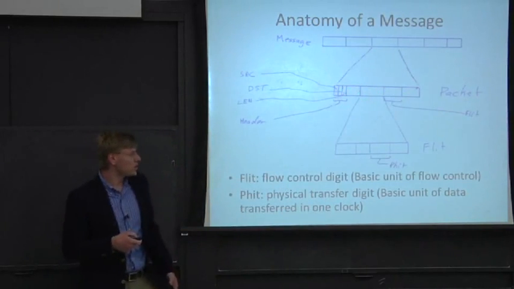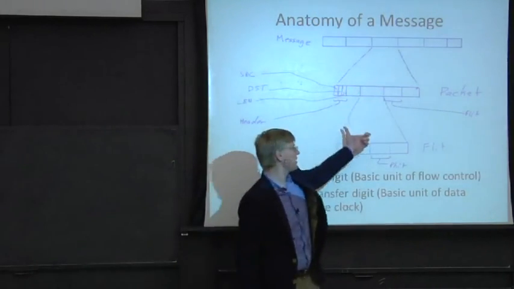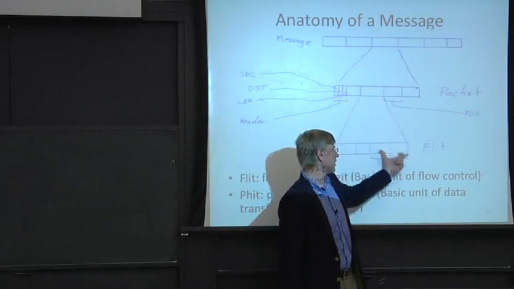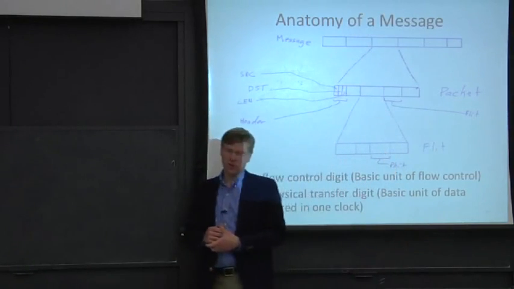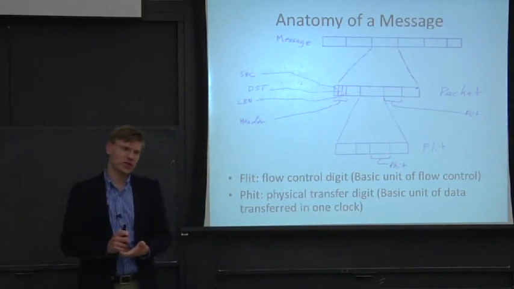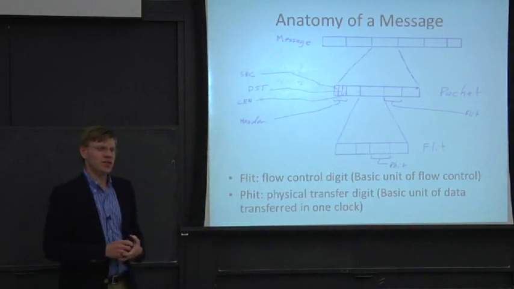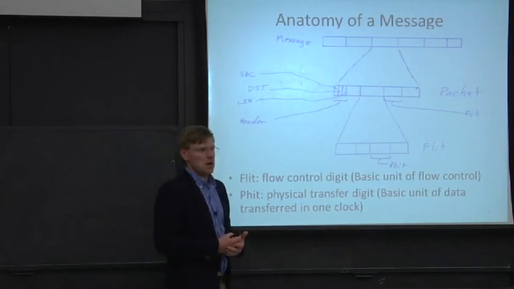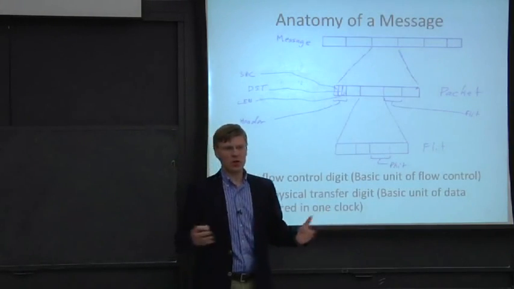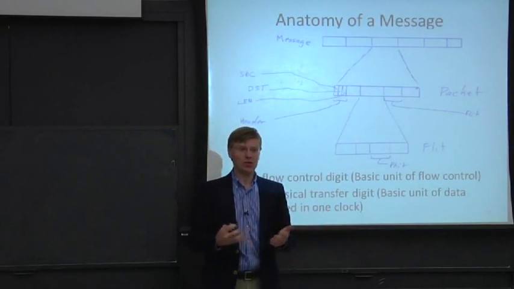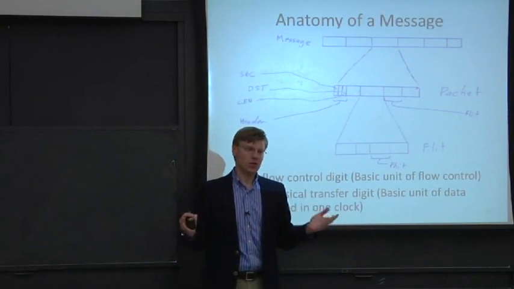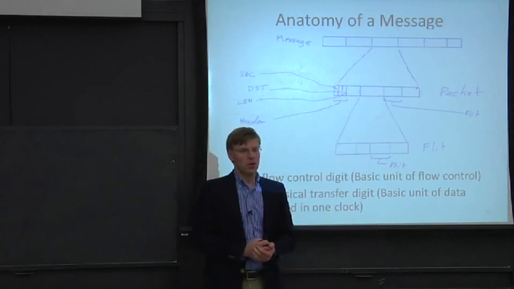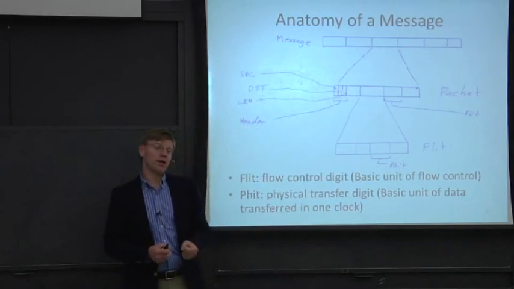But that flit is not necessarily the smallest amount of data here. You can actually split that flit up into multiple phits, where the phit is a physical transfer digit. A good example of this is a network where all of the data going across is always accounted for as 32-bit words, but the links on the network are only 8 bits wide.